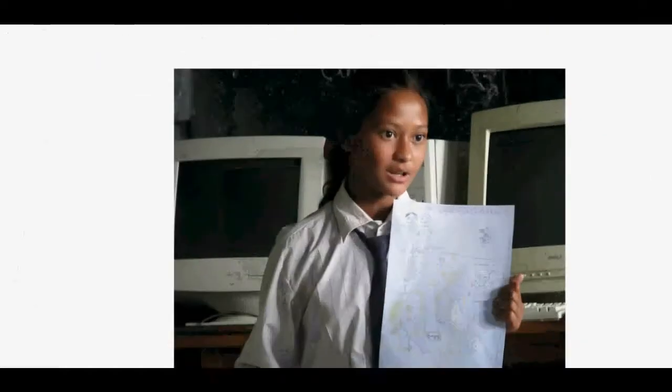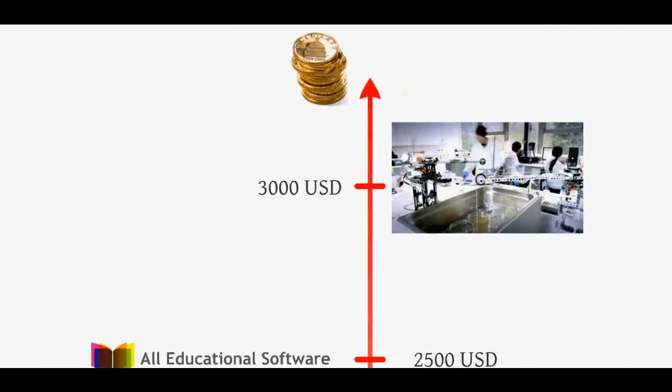But the schools in Nepal can't afford to buy such software, and they also don't have the necessary personnel to maintain those PCs. Looking at some prices, the cost of equipping a science laboratory is around $3,000 US. Also, the license for simulation software is around $2,500.